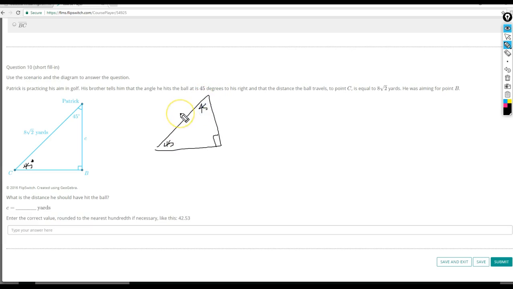If this was 1, this distance would be 1 over the square root of 2, which is also equal to the square root of 2 over 2. And this is the square root of 2 over 2.